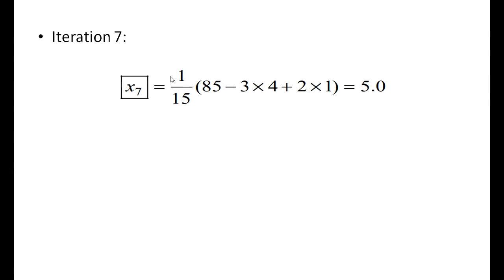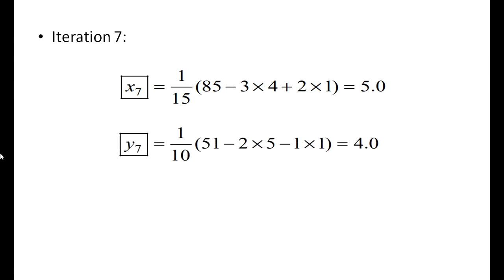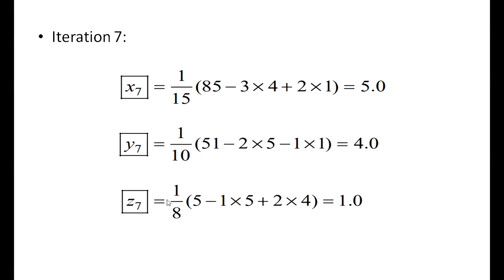Seventh iteration, x7 is equal to 1 upon 15 in bracket 85 minus 3 into 4 plus 2 into 1, which is equivalent to 5. y7 is 1 upon 10 in bracket 51 minus 2 into 5 minus 1 into 1, which is equivalent to 4. z7 is 1 upon 8 in bracket 5 minus 1 into 5 plus 2 into 4, which is equivalent to 1.